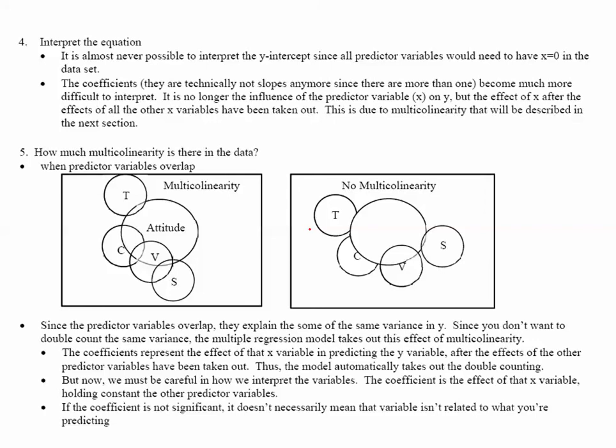The coefficients are technically not slopes anymore, since there is more than one, and they become much more difficult to interpret. It is no longer the influence of the predictive variables on y, but the effect of x after the effects of all of the other variables have been taken out. It's like saying, after controlling for or holding all of these other elements constant, what is the true relationship between variety and attitude?